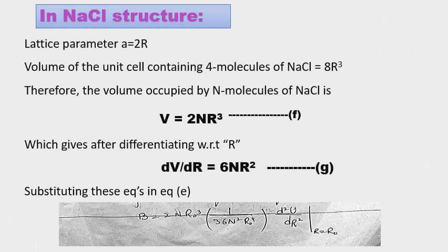Substituting this value in equation E, we get B is equal to 2n r naught cube into 1 over 36 n square r naught power 4 into d square U over dr square. The limit is applied with r is equal to r naught.